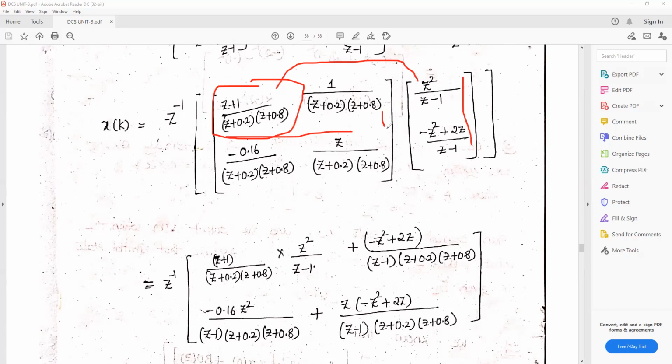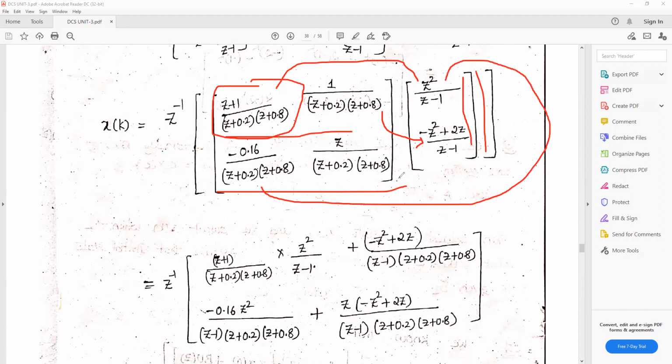And the first row, second term into second term. And the second row, first term into z square by z minus 1. First row, second term into second column. The product of two blocks.